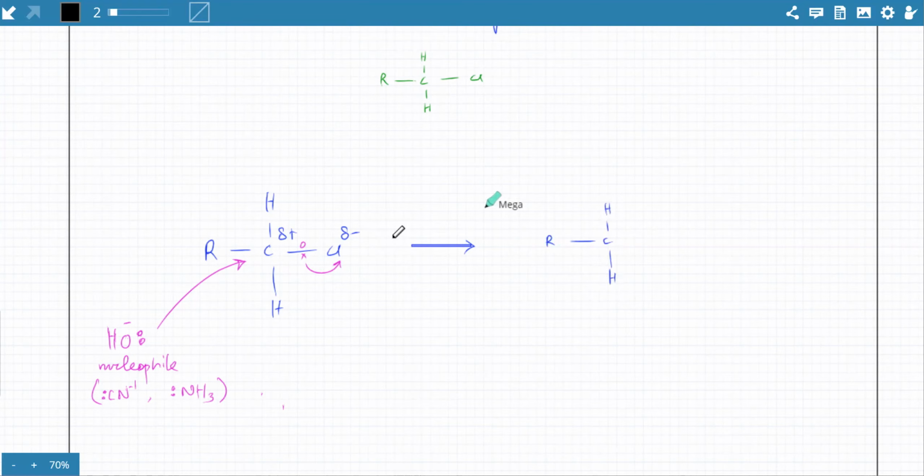Now slowly the Cl is drifting away and slowly the OH is coming closer. So for a very minor instant, there's going to be this temporary transition state that forms and exists.